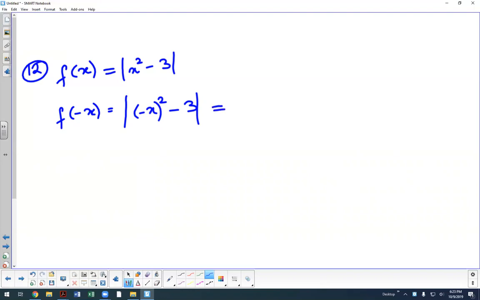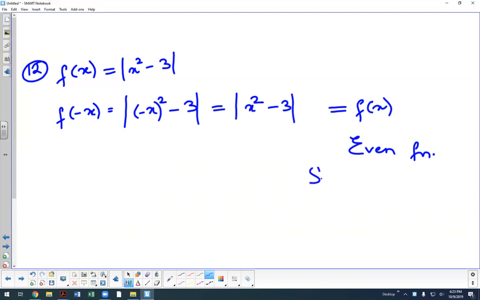So we end up getting positive x squared, and then of course keeping everything as it is. Do I have the original function that I started out with? I do, because I came back to the same thing, which means this is equal to the original function, and if it's equal to the original function, then that means it's an even function, and even functions have symmetry about the y-axis, so that's symmetric.